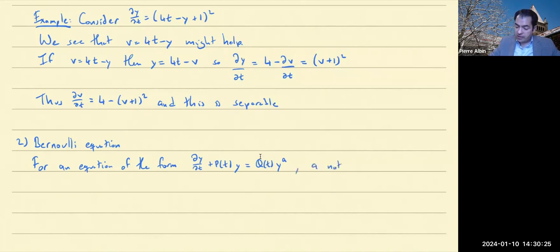And this a is not equal to 0 nor 1, right? If a was equal to 0, then we'd be in the linear equation in the standard form. If a was equal to 1, then it'd also be a linear equation. It's just this term should be combined with this term, right? So here we're interested in what happens if a is not equal to 0 and not equal to 1, right? So here's the trick.